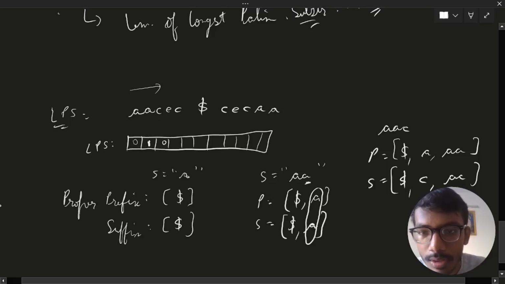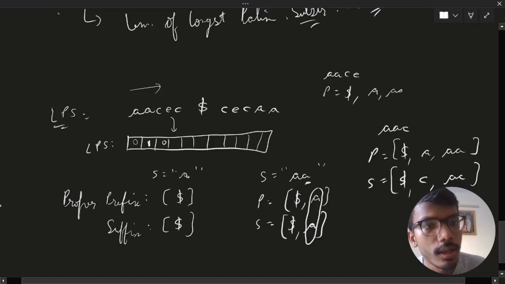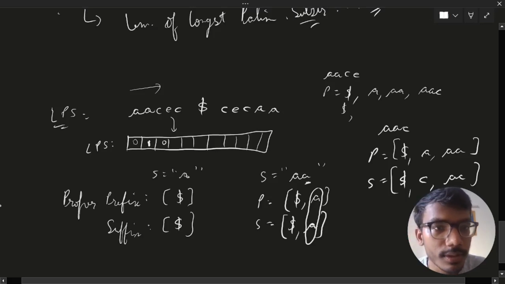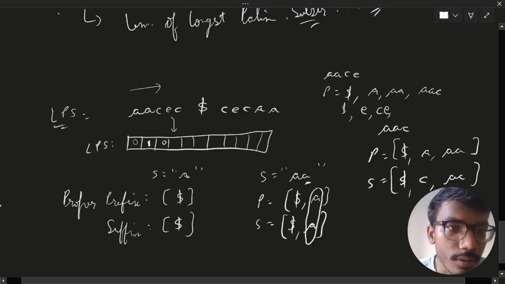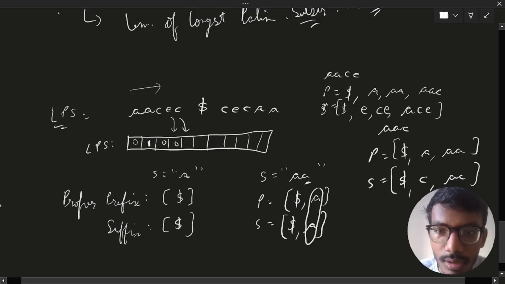Similarly for E, what is it? AACE. The prefix is dollar, A, AA, AAC, and the suffix is dollar, E, CE, ACE. Am I having a match? No, I'm not having a match, so it is zero.